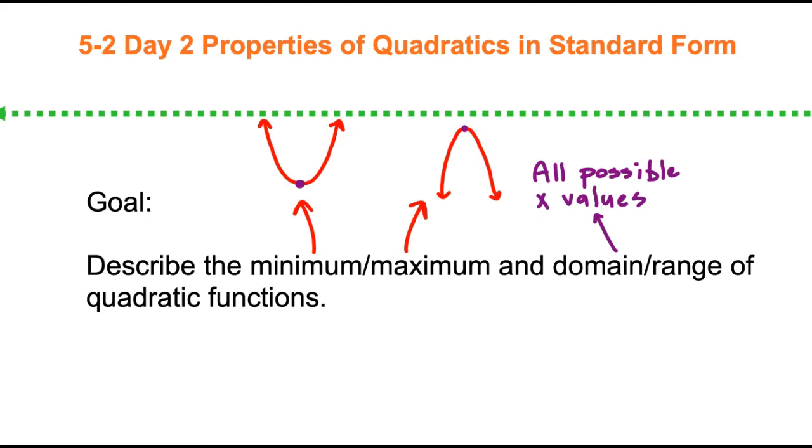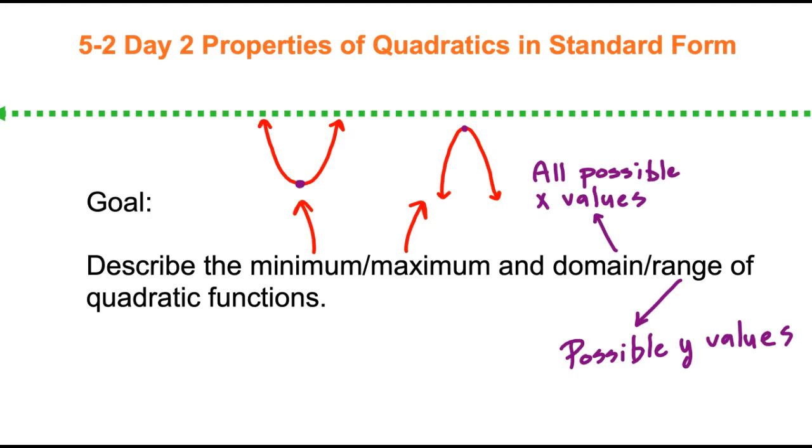So basically when we think of domain, we think of possible x values. When we think of range, we think of possible y values. We're going to talk about what the domain and the range of each of these quadratic functions are.